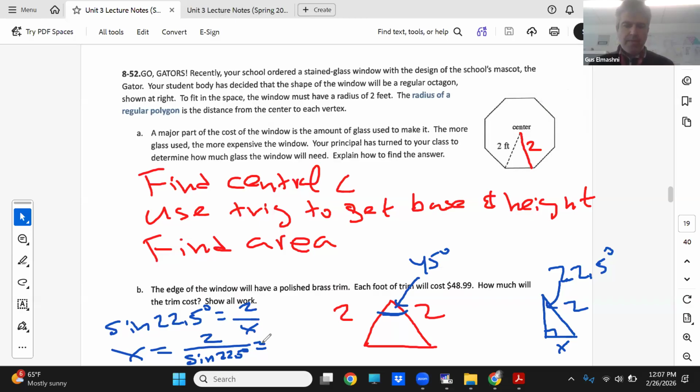So 5.227. But the trim is actually double that. It's 10.452, 10.453.